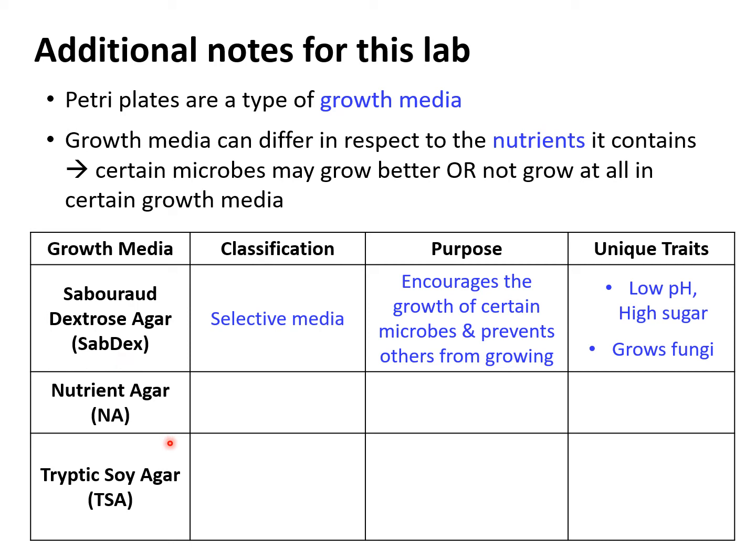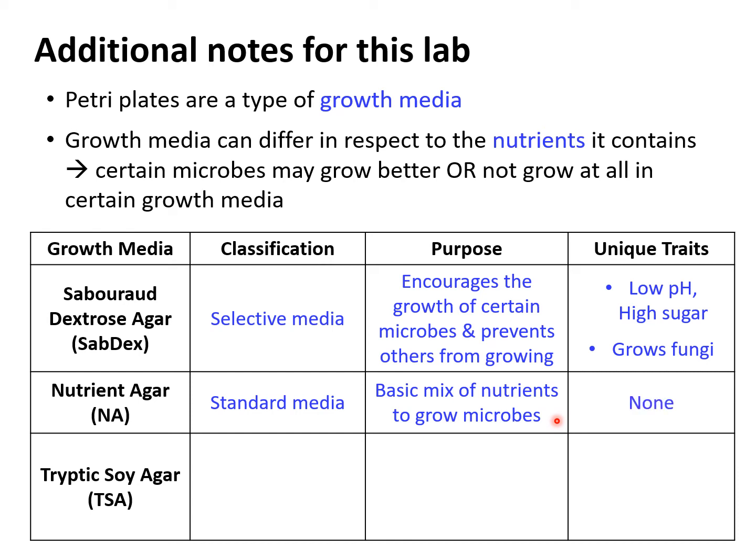There's another type of medium called nutrient agar. Nutrient agar is a standard medium, and it's commonly used. It's made out of different types of nutrients, and it can grow a bunch of different types of microbes.